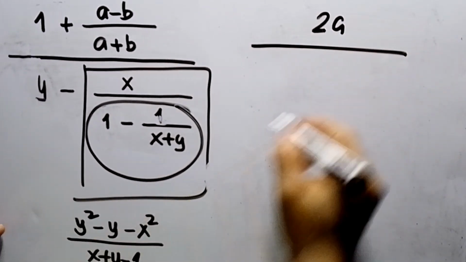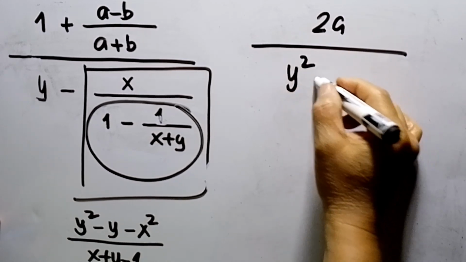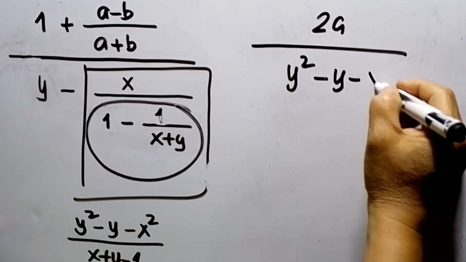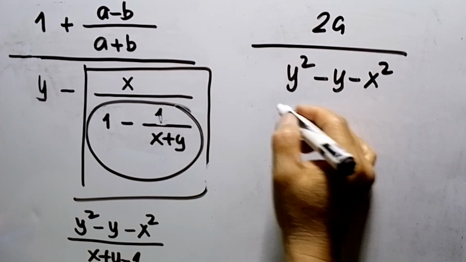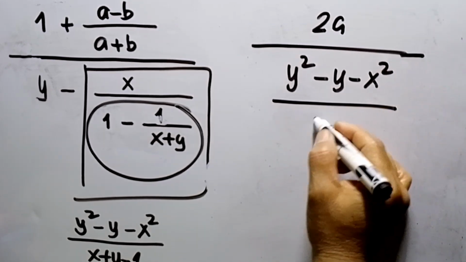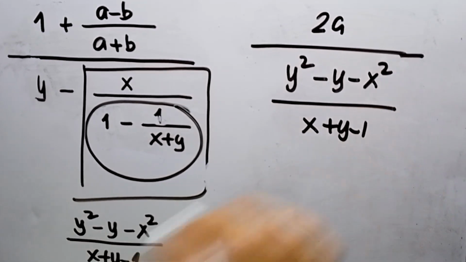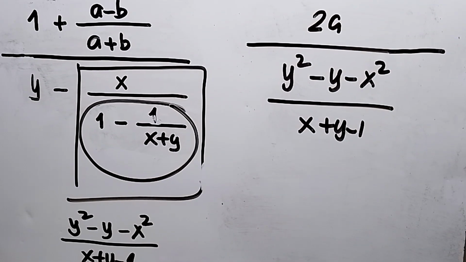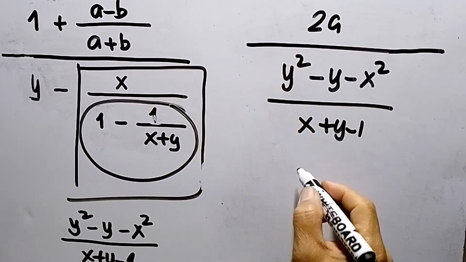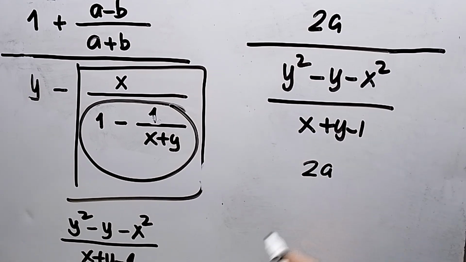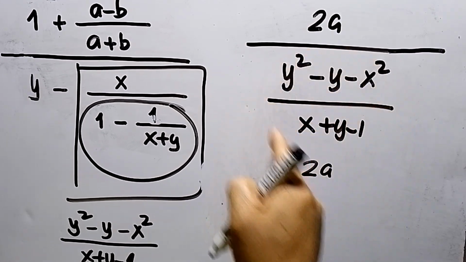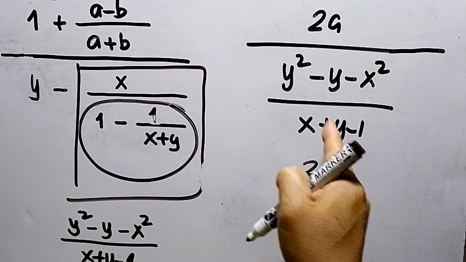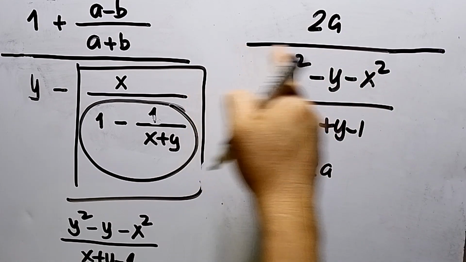And then my denominator will be y squared minus y minus x squared over x plus y. So this will be 2a. Then I need to simplify this fraction since there is a division.